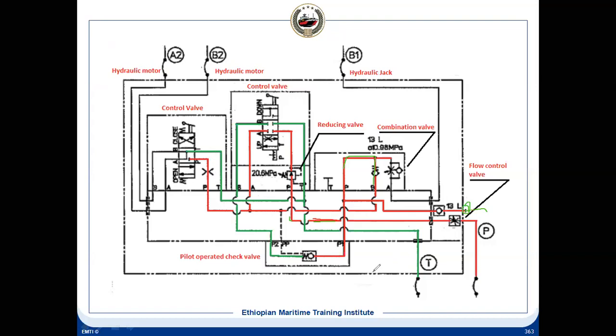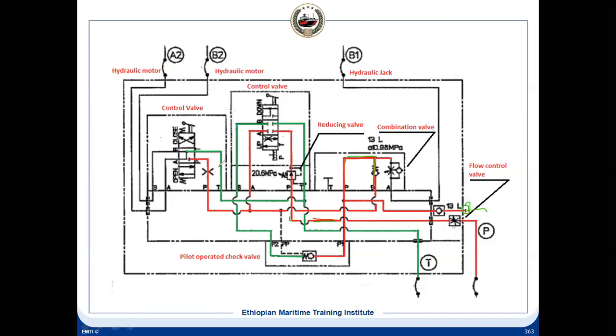And then this is also coming here, and if the pressure is high, then it will go to the return line. If you trace the line, this line will lift this valve, and then it will go to the return line.